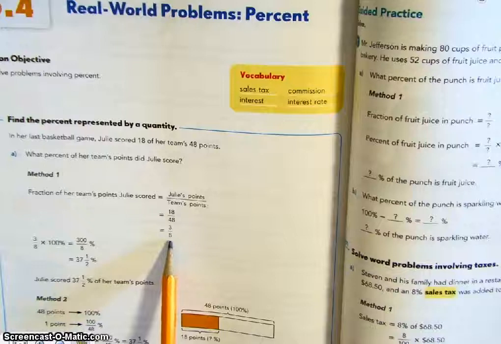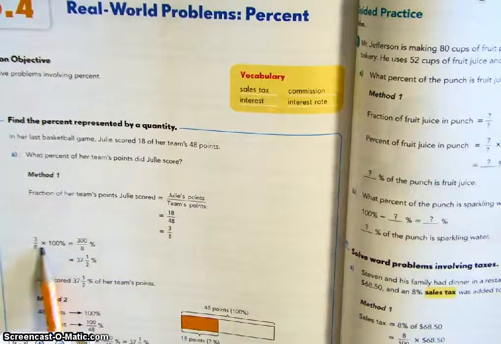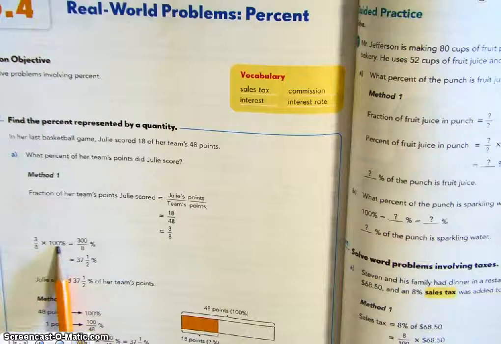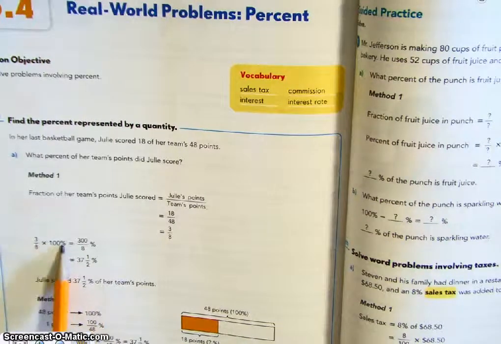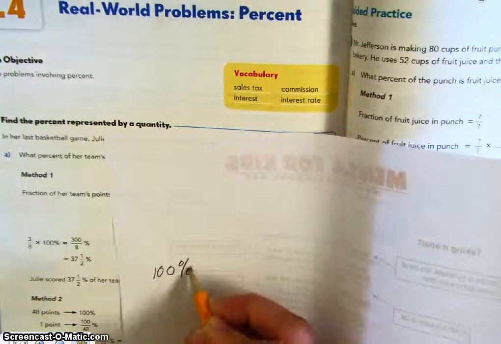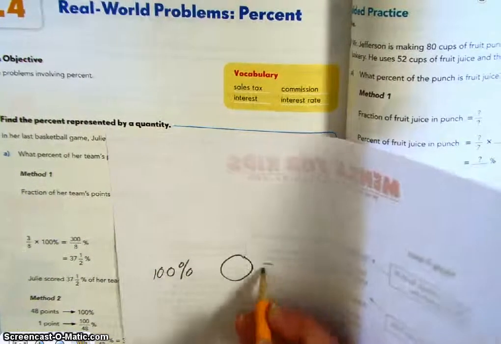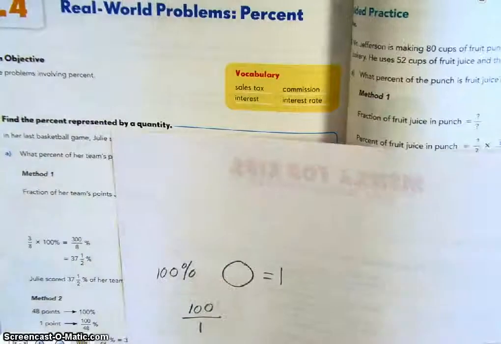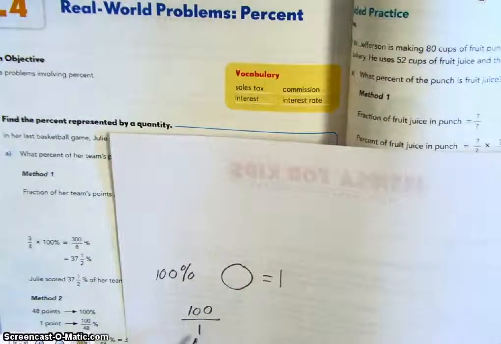Pretty simple. Then it wants us to turn it into a percent by multiplying 3/8 times 100%. And remember back a couple units ago we did this, where you multiply by 100%, which essentially, remember we talked about 100% of a pie is the whole pie, which is equal to 1, which really is equal to 100 over 1, because any number over itself is that number.